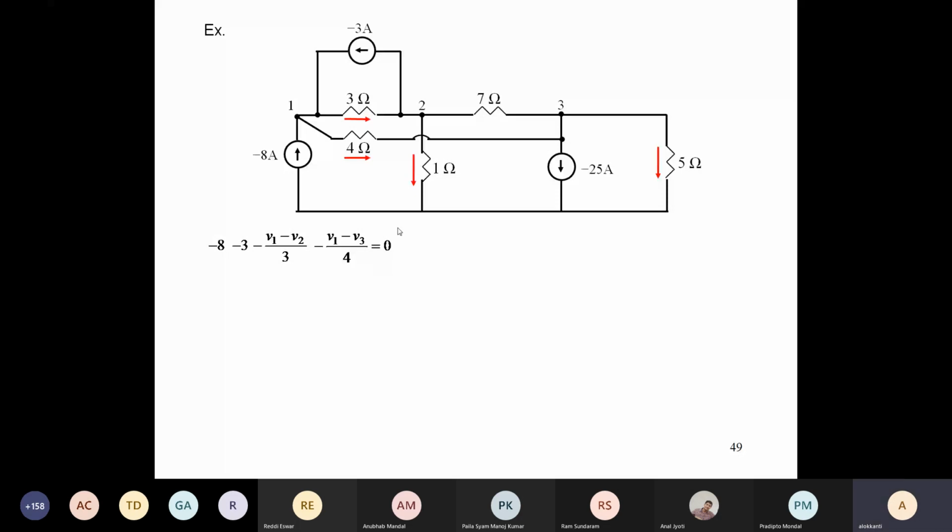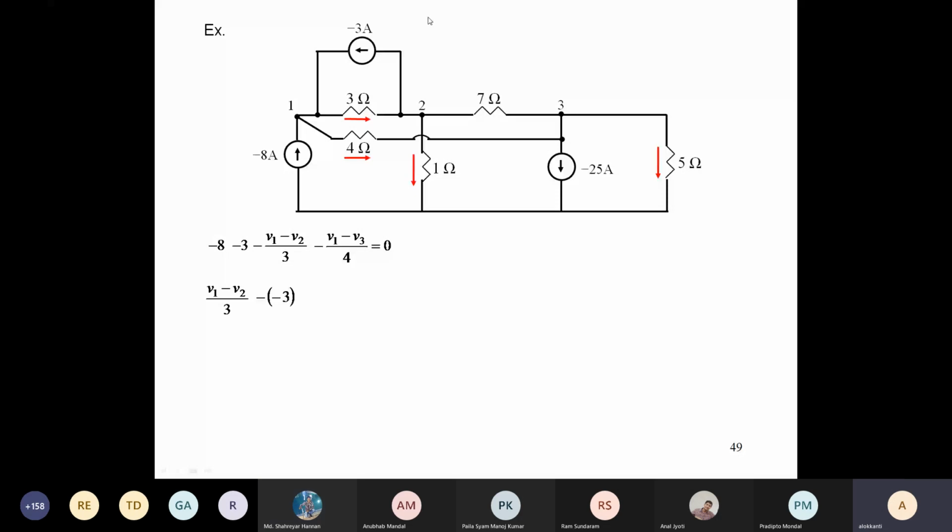Then you have to do a similar thing by writing KCL for node 2. For node 2, what is the current going in? (V1 minus V2) by 3. This is the current coming in to node 2. Then minus of minus 3, because this is the current going out.